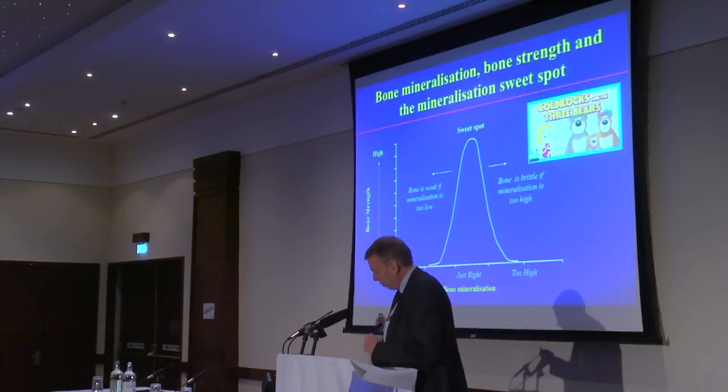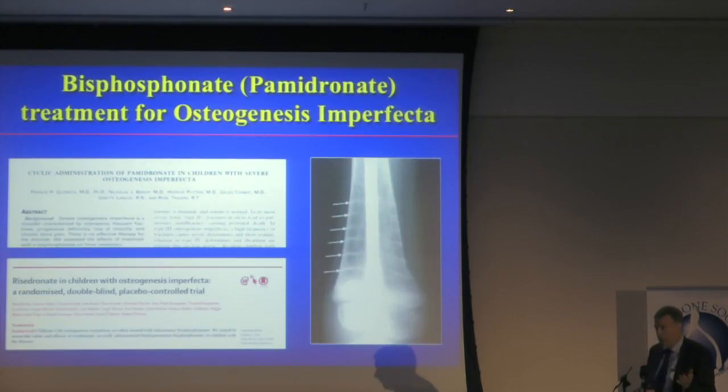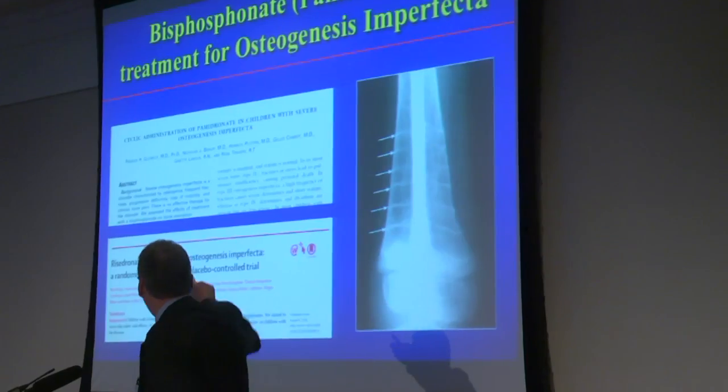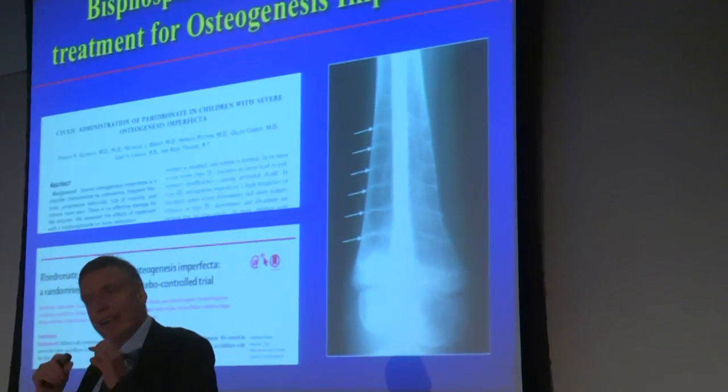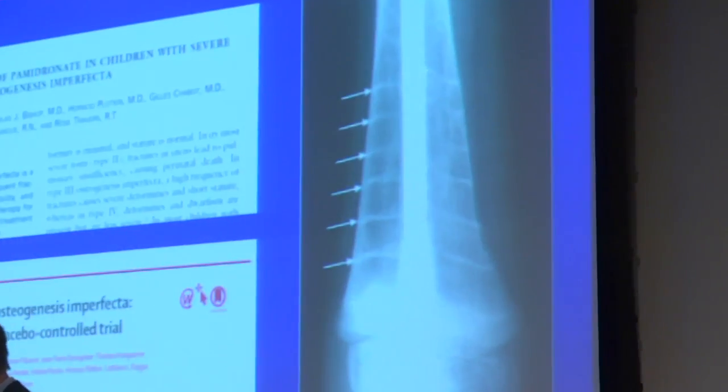Now, what do bisphosphonates do? Well, they're used a lot in kids, both pamidronate, and I'm showing a picture of Professor Nick Bishop's study with risedronate and other bisphosphonate. And in kids, it seems as though they have beneficial effects on the bone and beneficial effects in mineralization. We see these lines that you saw a picture of before. That is mineralization coinciding with the bisphosphonate.